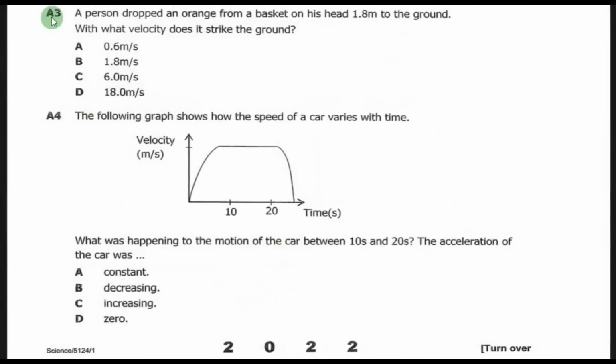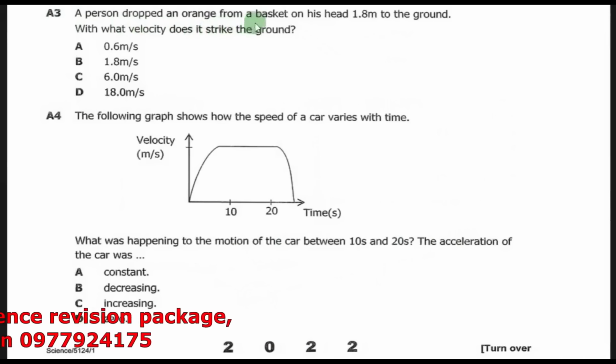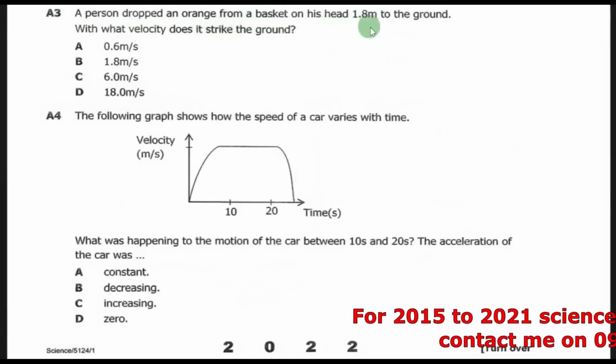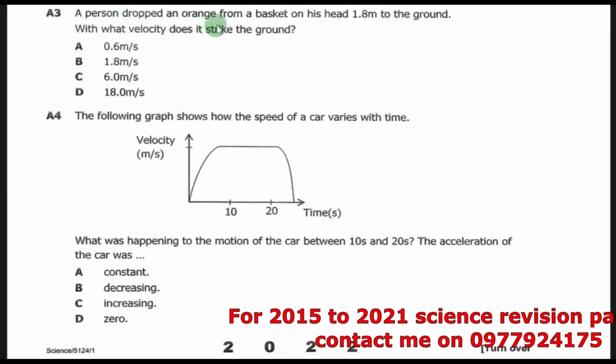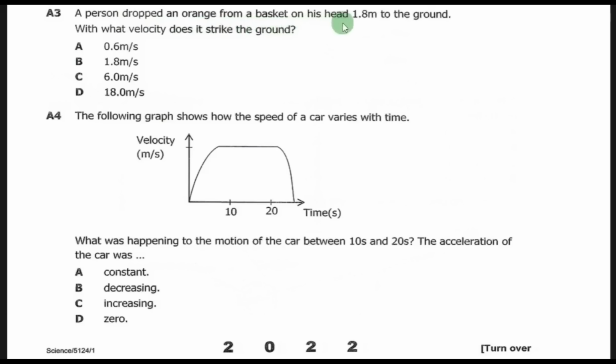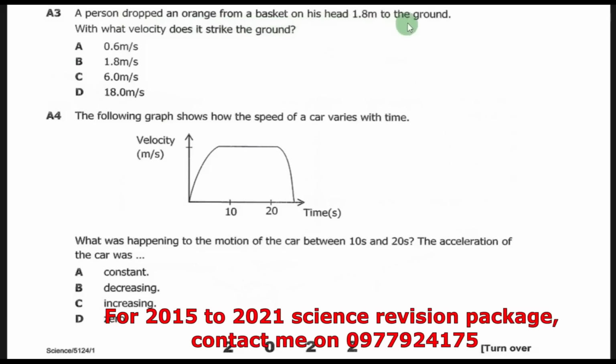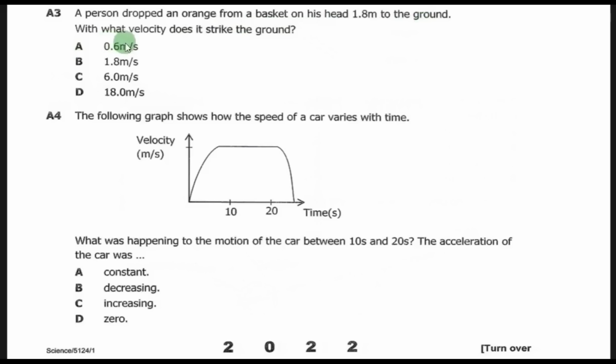So this is A3, which reads, a person dropped an orange from a basket on his head 1.8 meters to the ground. With what velocity does it strike the ground? All right, so an object is being dropped from the head, an orange actually, from a height of 1.8 from the ground.